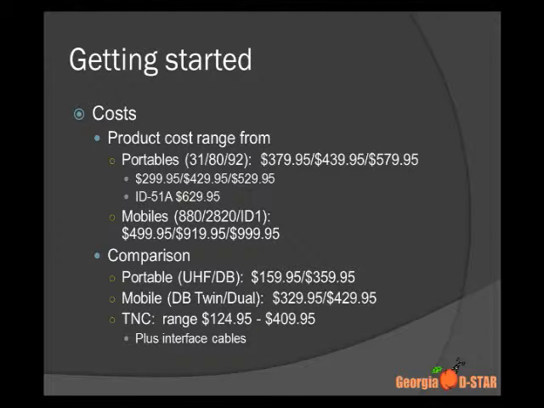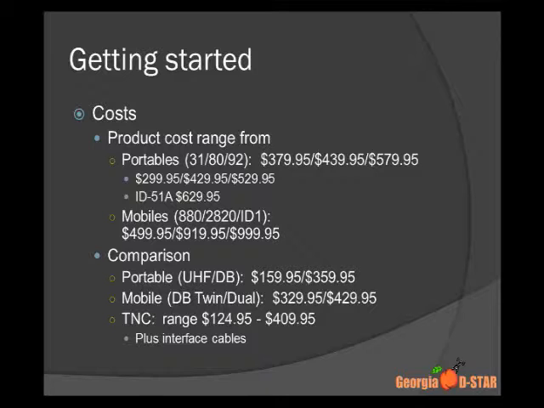If you had to compare that with a setup, and I'm talking new for new, to duplicate the capabilities of, let's say, a D-STAR mobile such as an 880, you would have to buy two radios, one for voice, one for data, and then also purchase a TNC to run APRS, any type of packet, any type of information like that, and even a GPS to go along with it.